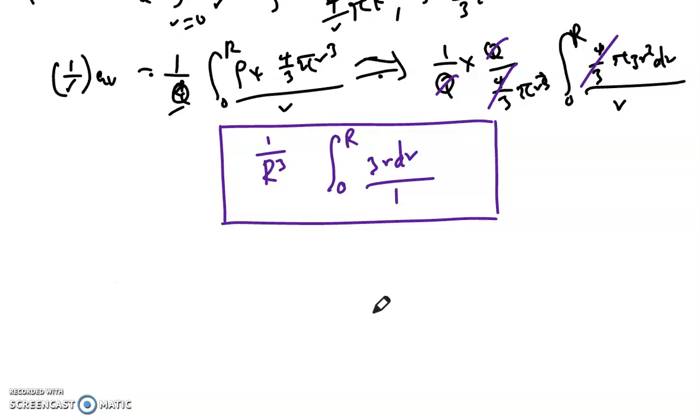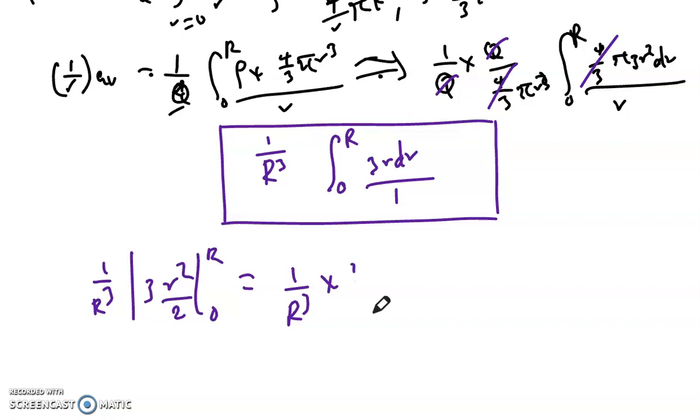The integral of 3r dr simply gives us 3 r squared divided by 2, from 0 to R. This will be 1 all over R cubed multiplied by 3 R squared over 2, which gives us 3 all over 2R. This is simply integration.